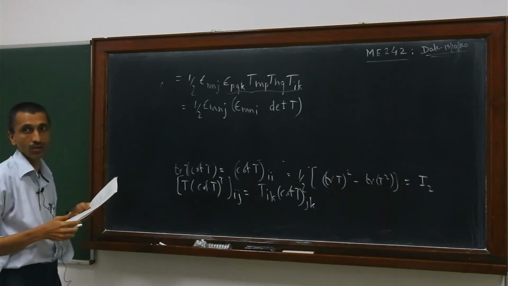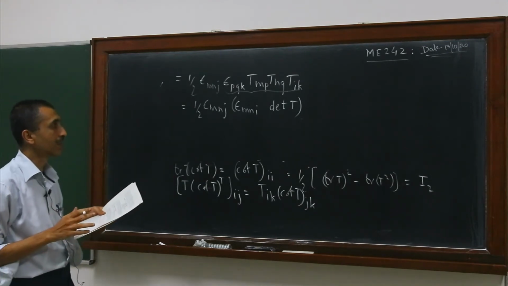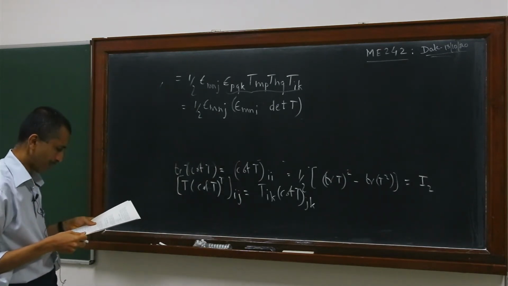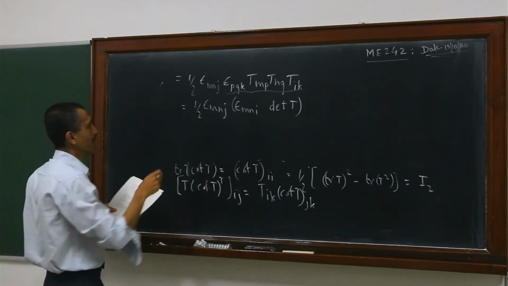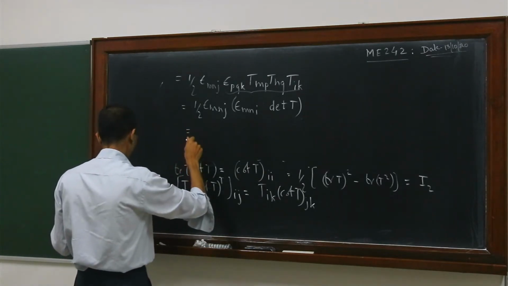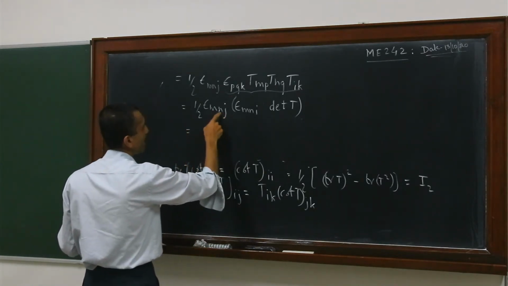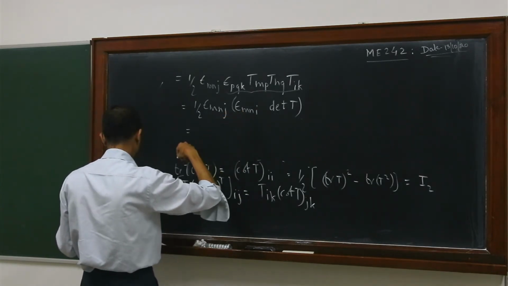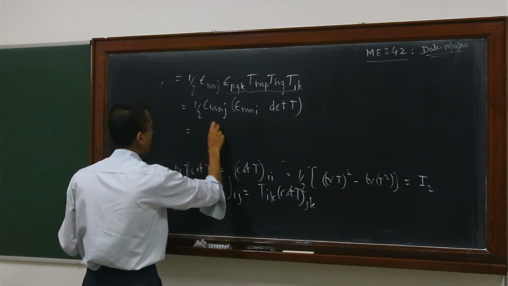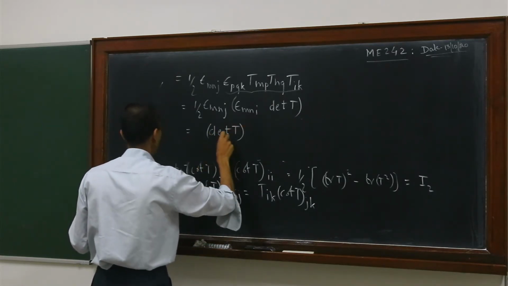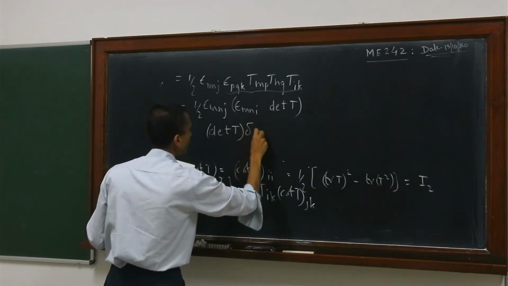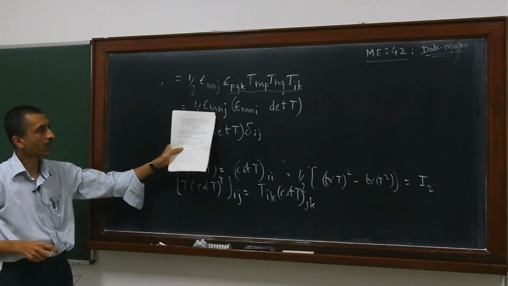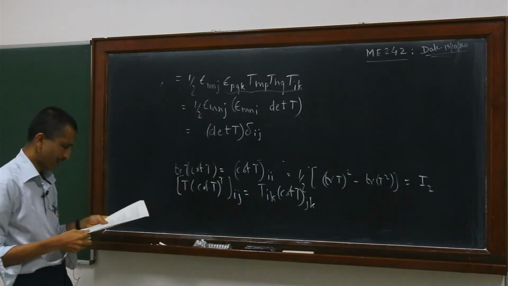I had introduced this particular relation when I was discussing the expression for the determinant, so I am just using that relation. Now you can see that epsilon_mnj times epsilon_mni is 2 delta_ij. So this is equal to determinant of T times delta_ij. I am using the relation between the alternating tensor and the Kronecker delta to get this.